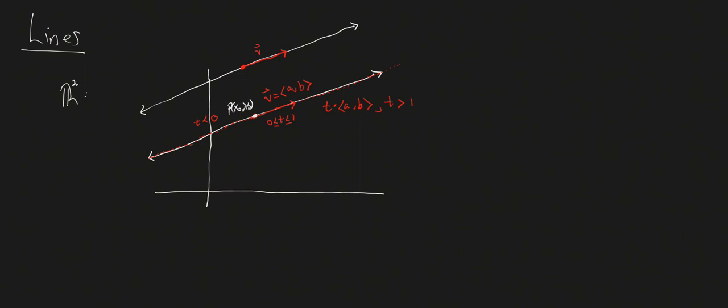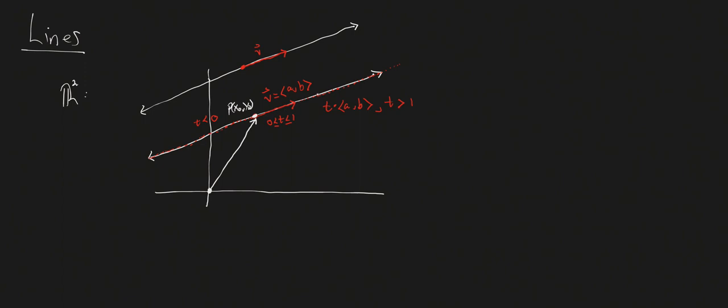Since I know this point, I could define a vector that goes from the origin to this point. So I'm going to define that vector, right? And then once I go from the origin to this point, if I then add any scalar multiple of my vector v, then I will generate all the points on the line.